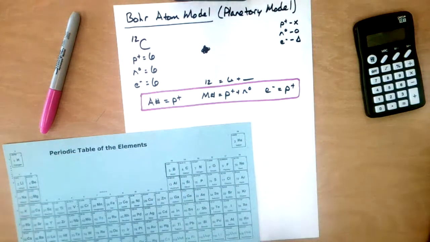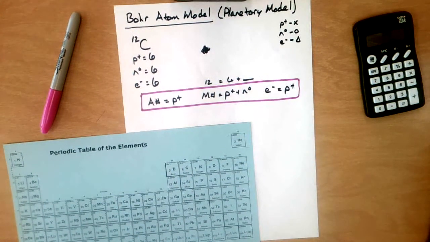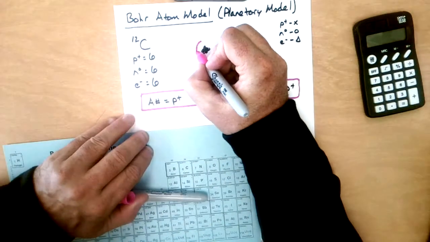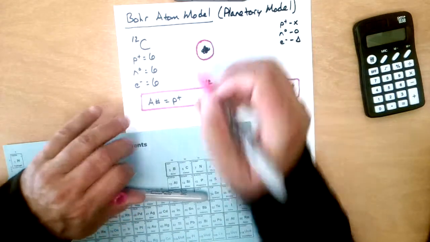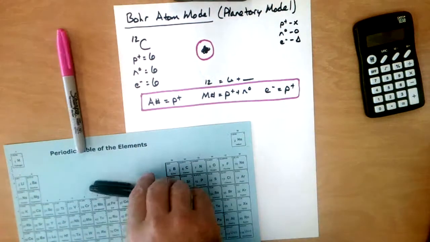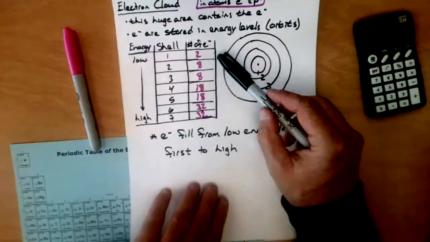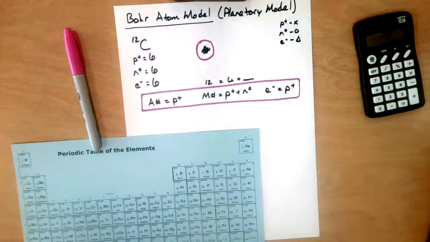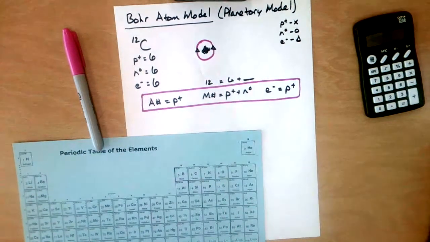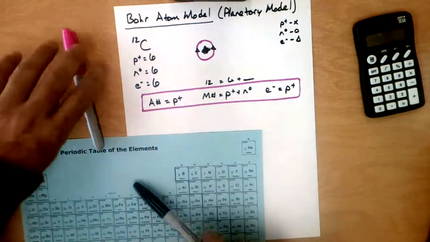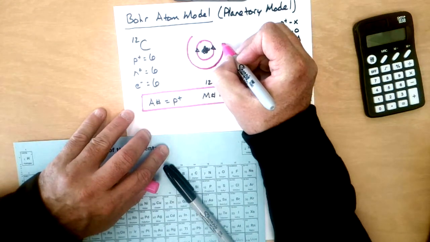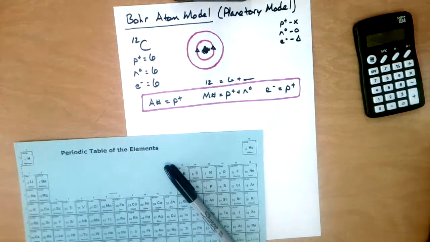And next, I'm going to put the electron cloud. So, first energy level, draw a circle around the nucleus. And on that energy level, I can put, according to our notes, 2 electrons. So I'm going to put 2 triangles on that energy level. I still have 4 more to go, so I need another energy level.